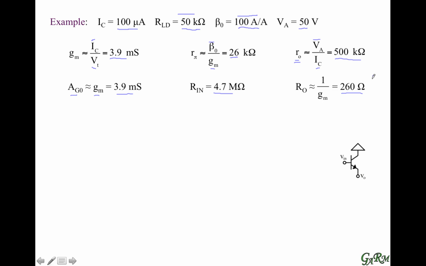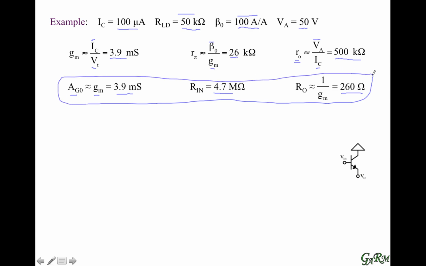So now that we have the two-port equivalent network for our circuit here with these three parameters, we can get the gain of the circuit. And the gain for that two-port model is basically the short circuit transconductance current into the combined output resistance.